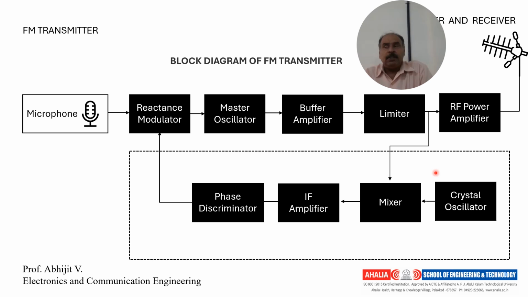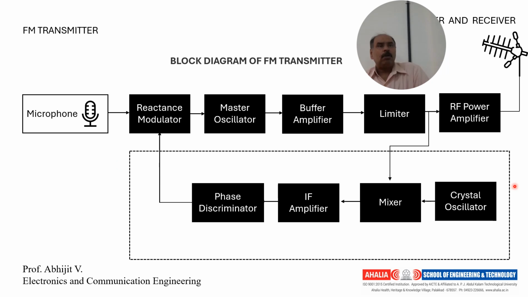Here you are generating the carrier signal using a crystal oscillator with a mixer, IF amplifier, phase discriminator given as an input to the reactance modulator, and this amplified signal is transmitted to the receiver.